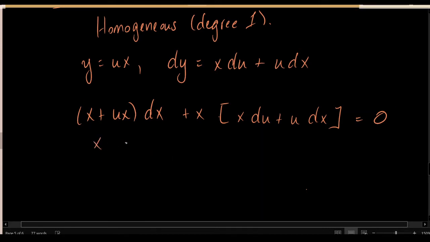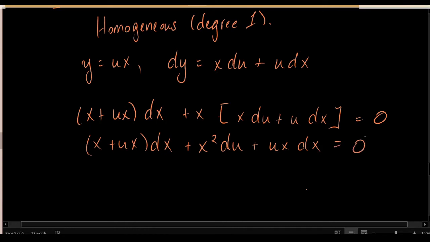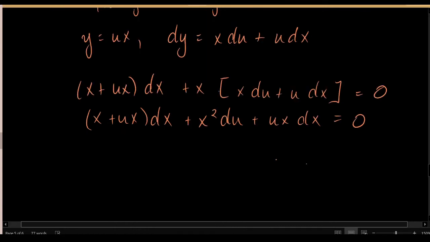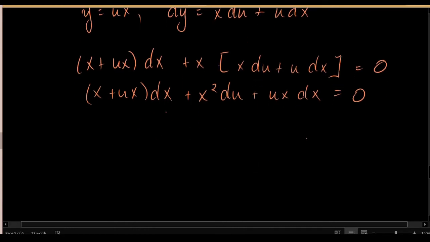This would be equal to x plus ux dx plus x squared du plus u times x dx equals 0. Looks like we once again have some like terms here, plus ux dx plus ux dx, in total plus 2 times ux dx.